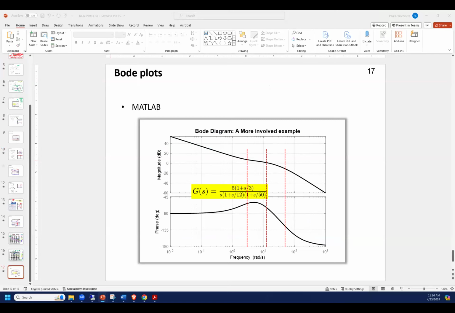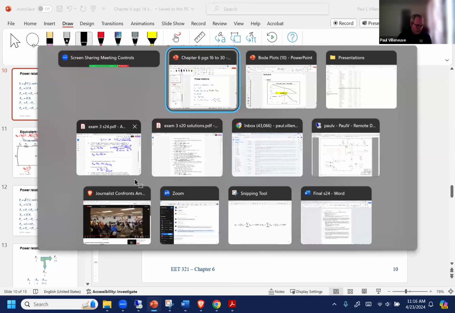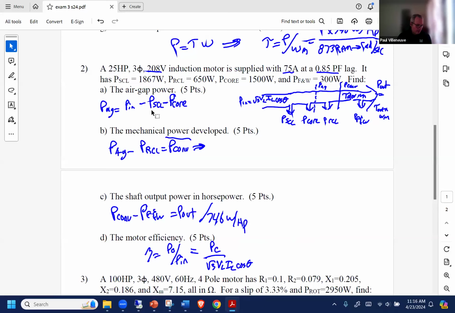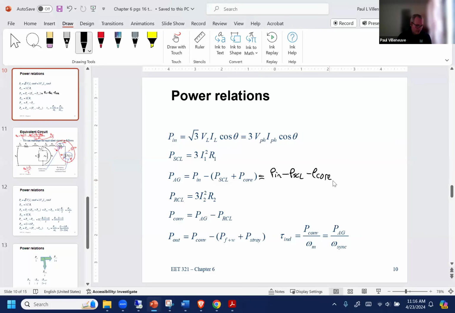Paul, you might not be sharing the right screen. Yeah, I'm sharing the Bode plots right now. Sorry about that. It's okay. Can you see it now? Yep. What I just wrote? So that's what I did here. It's P in minus P stator copper loss minus P core. Isn't that the same as this? Sure.